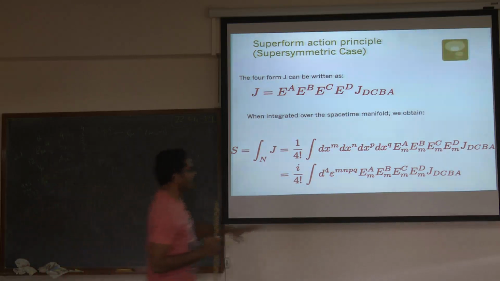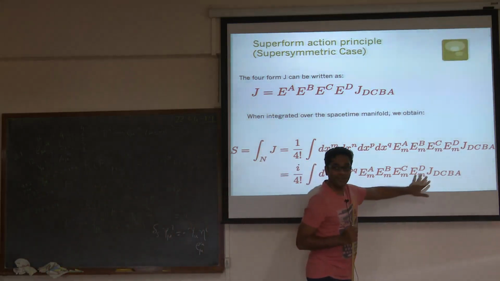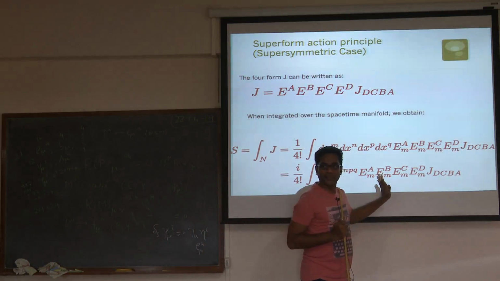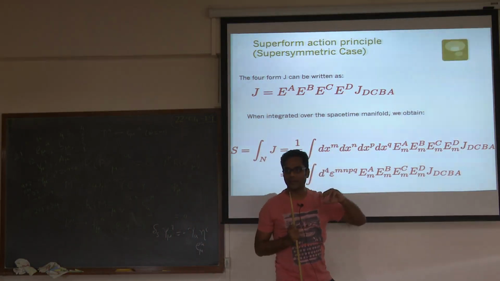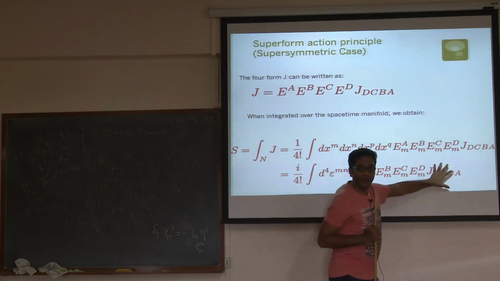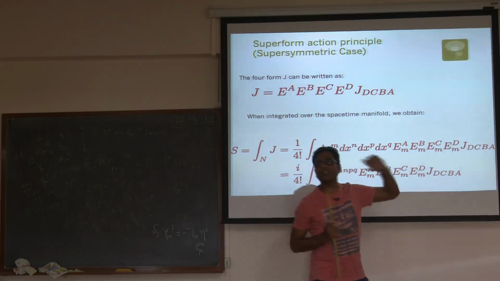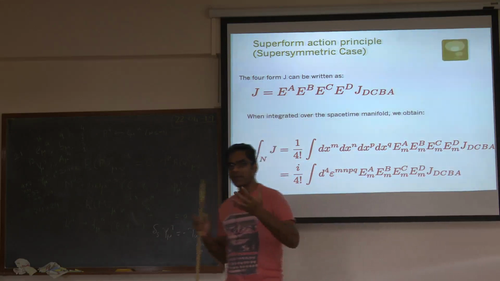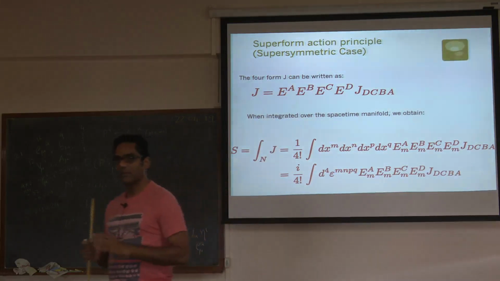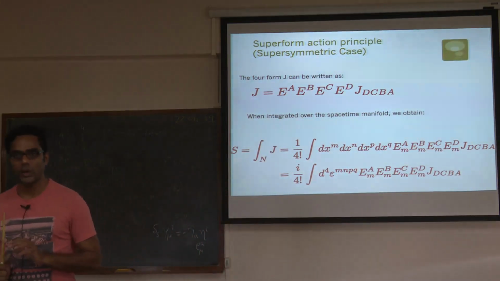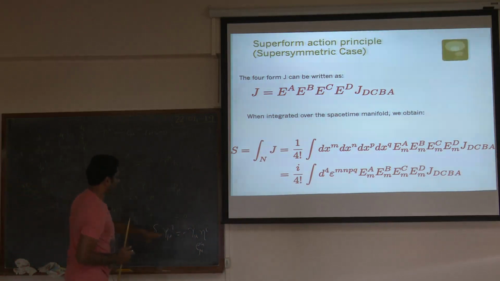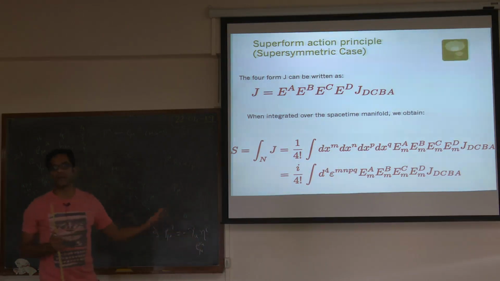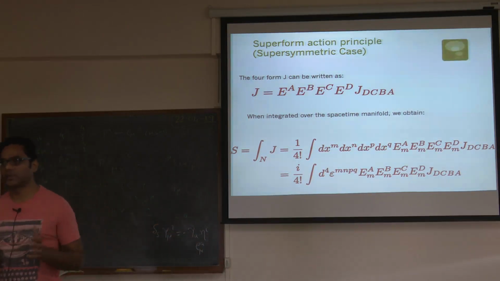So if you take a 4 gravitino block here, under S transformation it will go to a block which has 3 gravitino and 1 Vierbein. So the 4 gravitino block and the block that comes with 3 gravitino and 1 Vierbein have to be related to each other by S transformation. That is also easier to implement because the Vierbein is S invariant and the gravitino simply goes to Vierbein under S transformation.